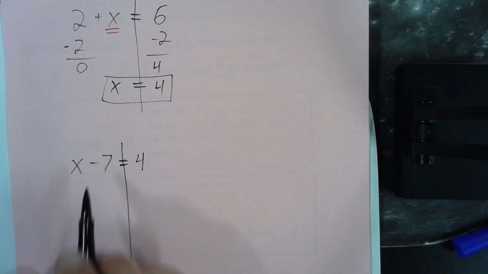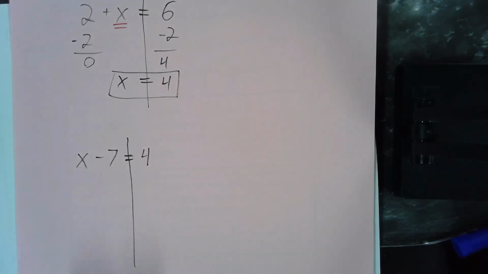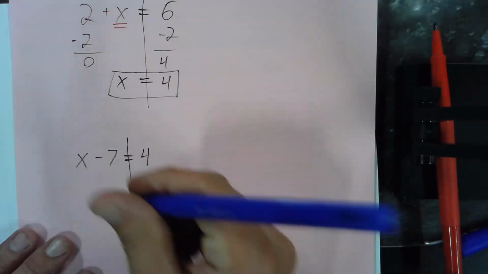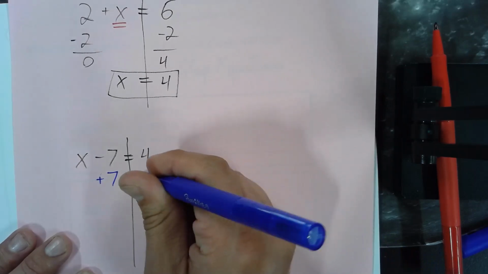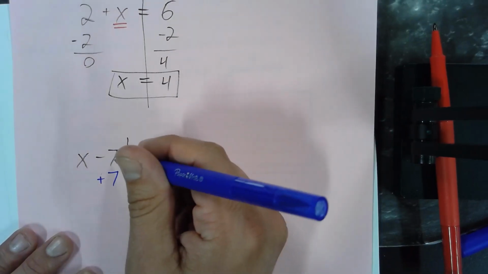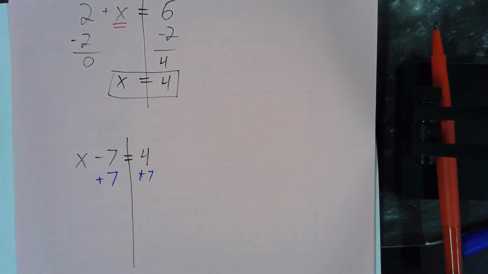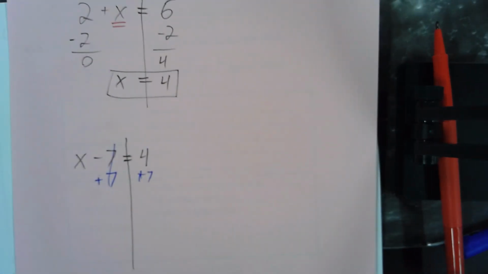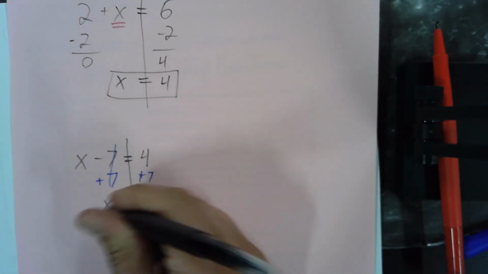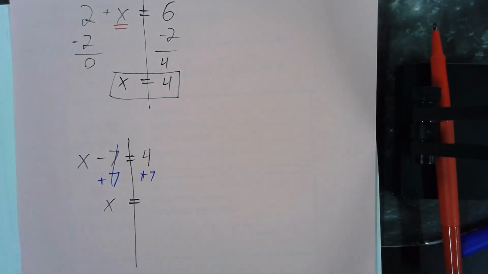So what is the opposite of subtraction? Addition, yeah. So I'm going to add the 7 to both sides. What that does is that negative 7 plus 7, that's 0. So those basically cancel out. On the left side, all I have left is x, and I'll put my equal sign right there.